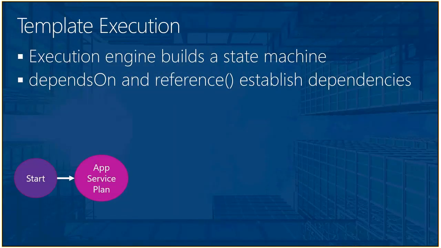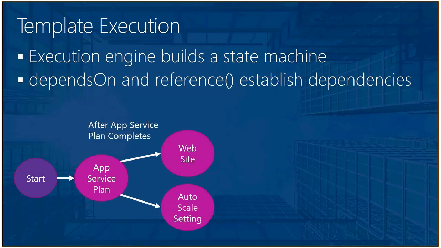So when you create templates to deploy your resources, there are two ways to establish dependencies. Perhaps the most common is to use depends on, which is a way for you to automatically define the deployment graph of the resources, and also to use reference, which is a way to implicitly define the same.